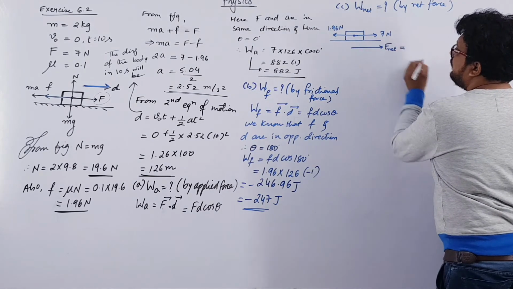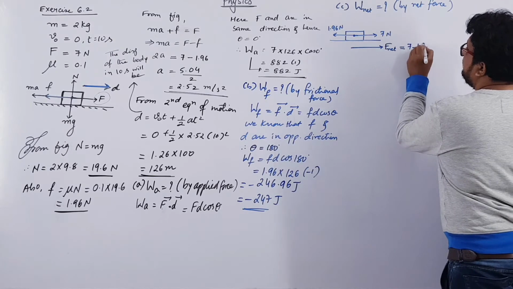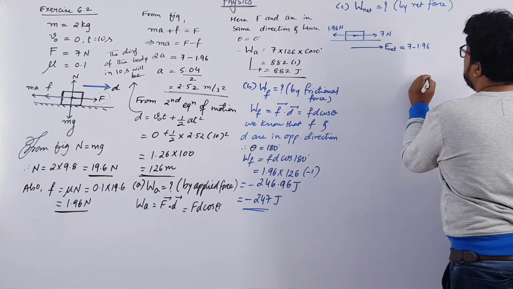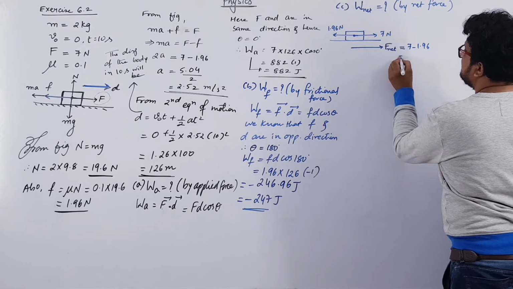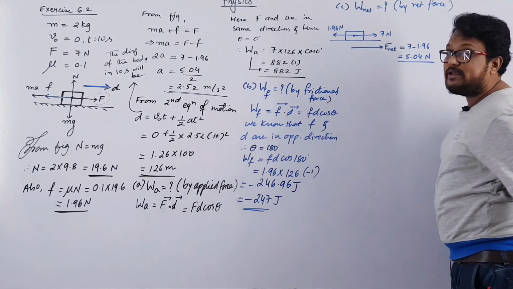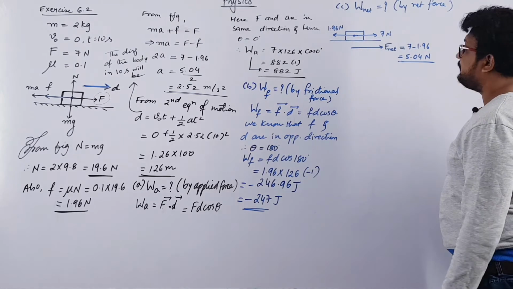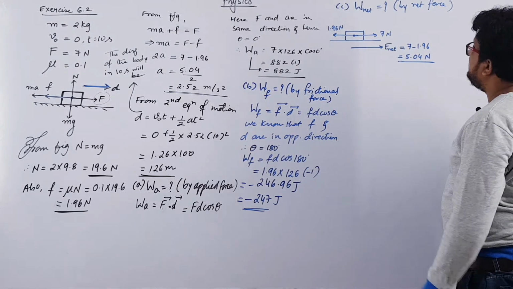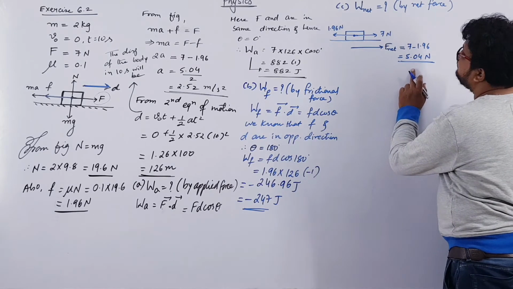So here the net force will be 7 minus 1.96, which is 5.04 Newton. So the net force acting on the body is 5.04 Newton.